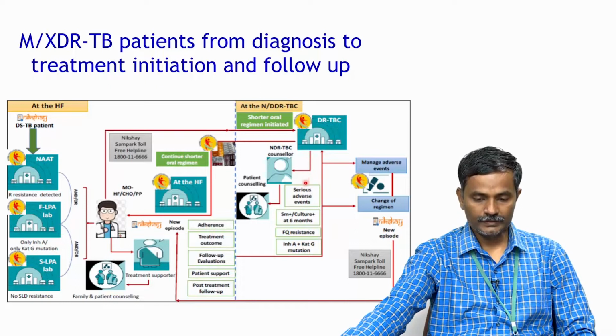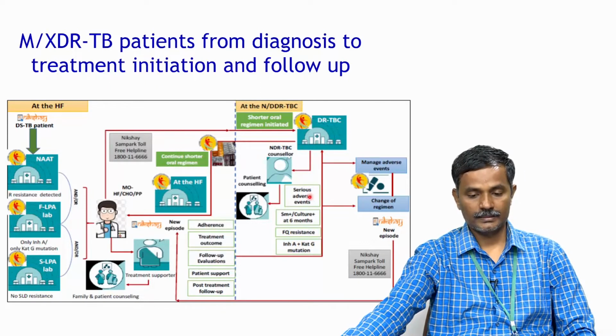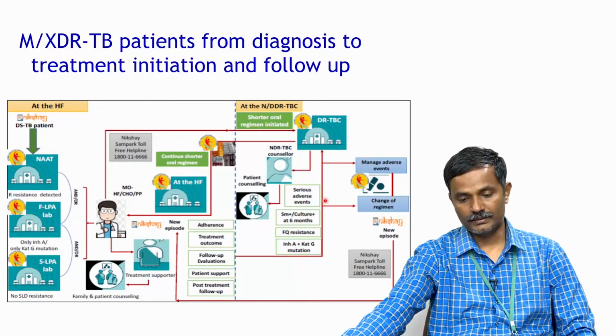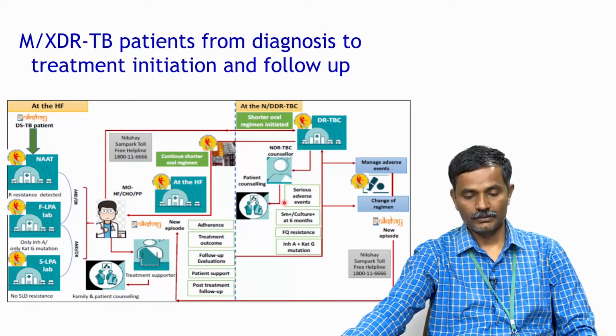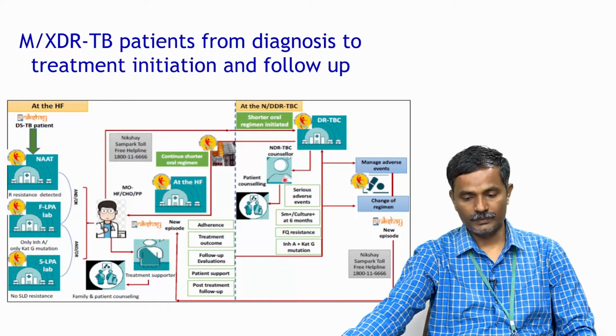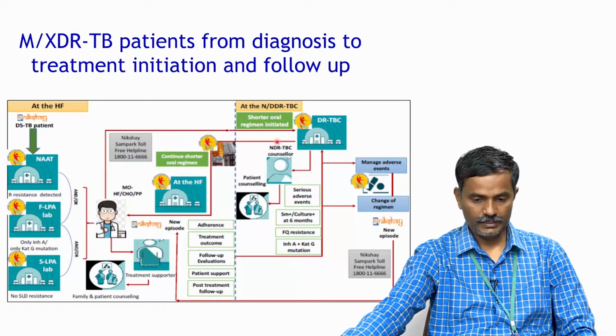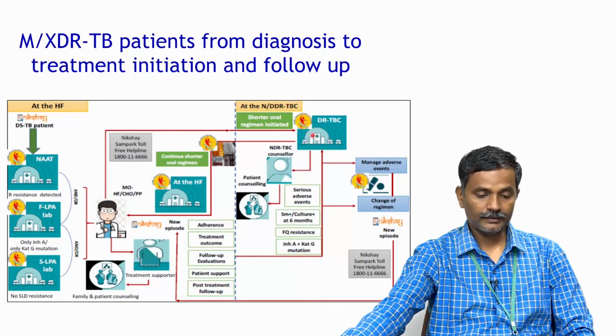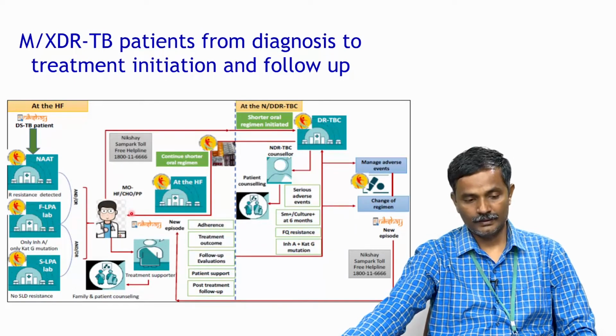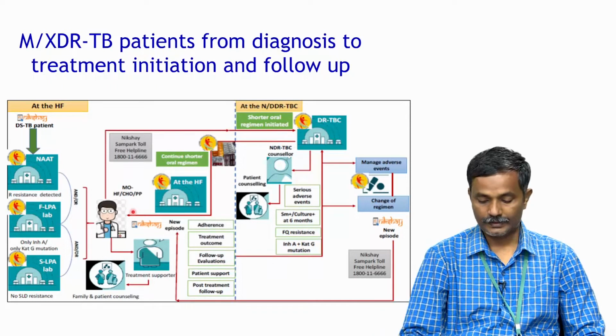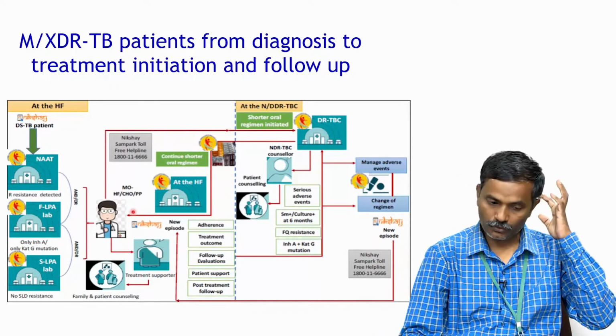They will give insight into serious adverse reactions and follow-up cultures, and take care of the management of any adverse reactions. Once the treatment is initiated and the patient tolerates it, they can be referred back to the primary healthcare facilities where they can receive the medicines and be followed up.